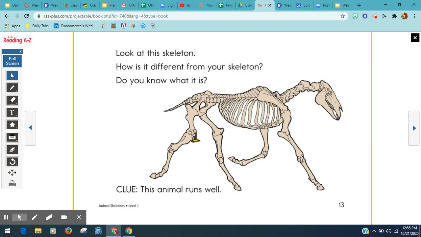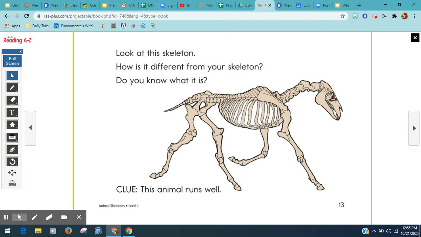And look at his back legs. They're not any longer than the front legs, and they're certainly not longer than the rest of his body, right? So the frog had super long back legs, whereas the horse has the same size back legs as front legs. They're all pretty much the same size.